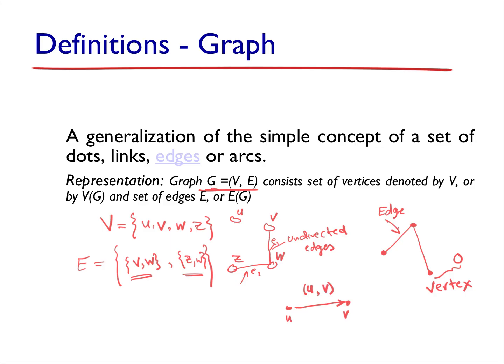And there is a difference. (U, V) is not equal to (V, U), right? These are 2 different things. They are not equal to each other. While for the unordered, it doesn't matter. VW is the same as saying WV. It's the same thing. No ordering, okay?